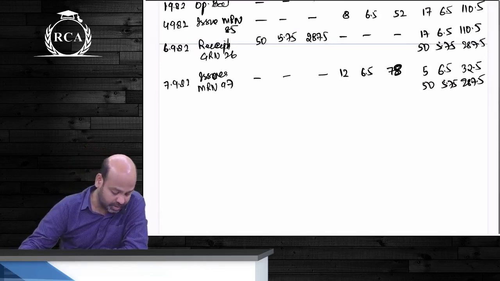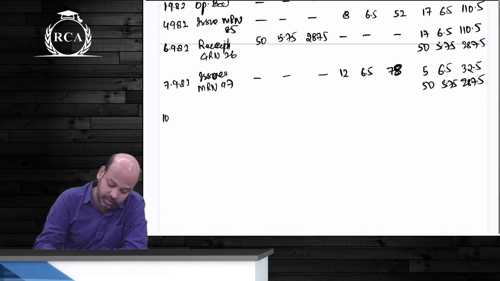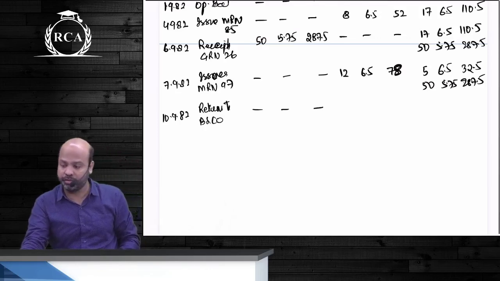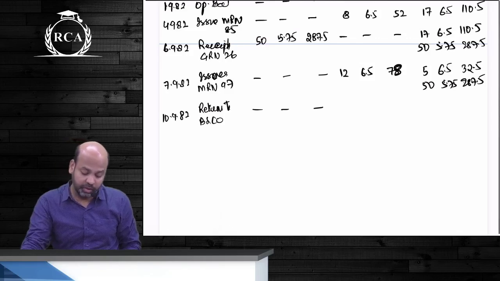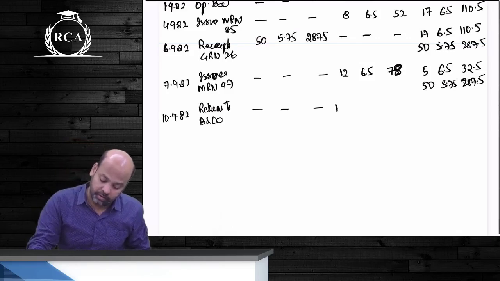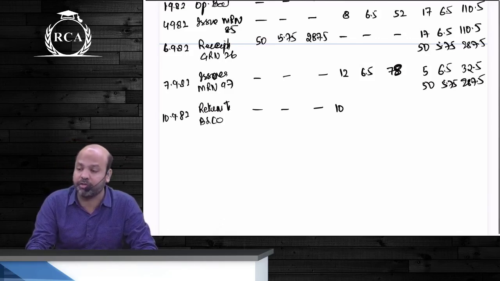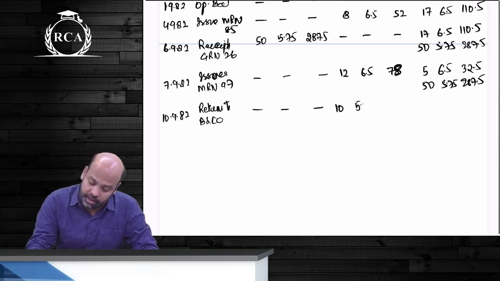After that, beta, 10th September, returns to B and Co. Returns to B and Co, guys, should be at the same price at which it was purchased. You cannot follow FIFO method here. How many units are we returning? 10. So this 10 units will be at what price? 5.75. Do not record 5 at 6.5 and 5 at 5.75. You will directly write 10 at 5.75.